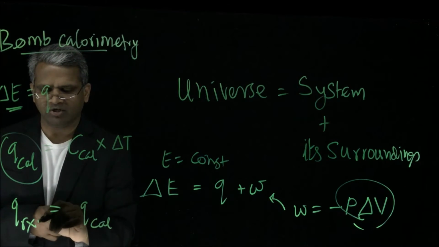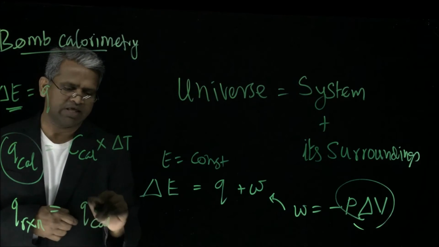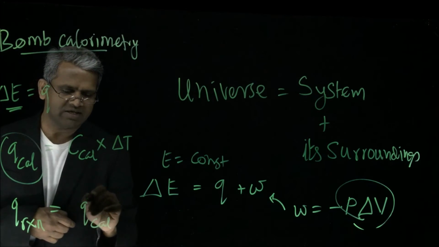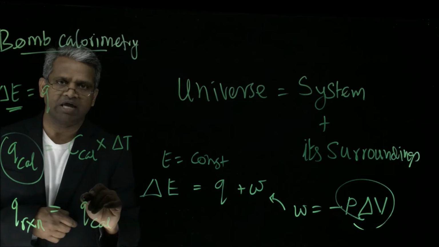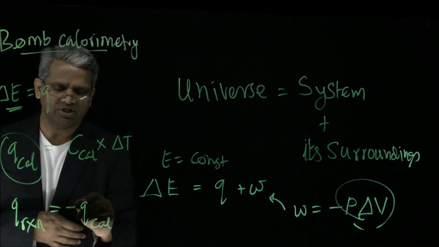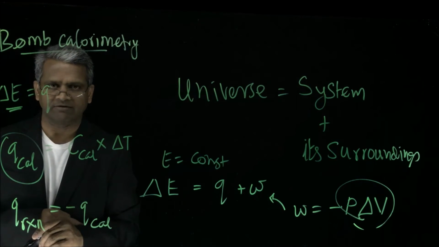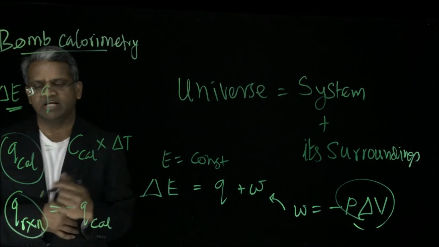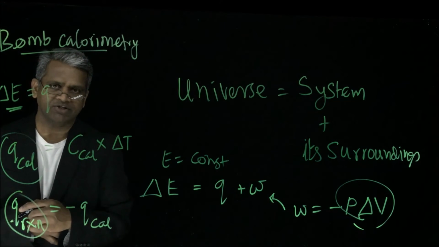So the energy lost by the reaction is actually the energy gained by the calorimeter. So if you can find the quantity of heat absorbed by the calorimeter and change the sign to negative, we get the quantity of the energy released by the reaction.